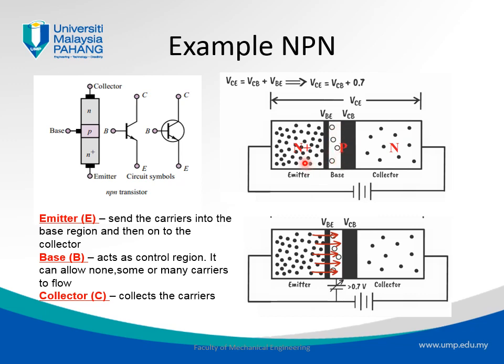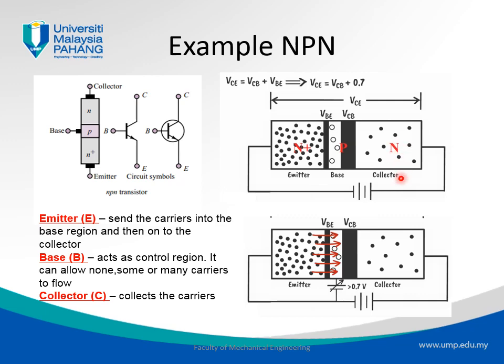So what does N plus mean? N plus means we have a region that is strongly doped with impurities. So the doping is stronger, meaning we have more negative carriers in this N plus region. Whereas the other N region is moderately doped, so it is just called N.